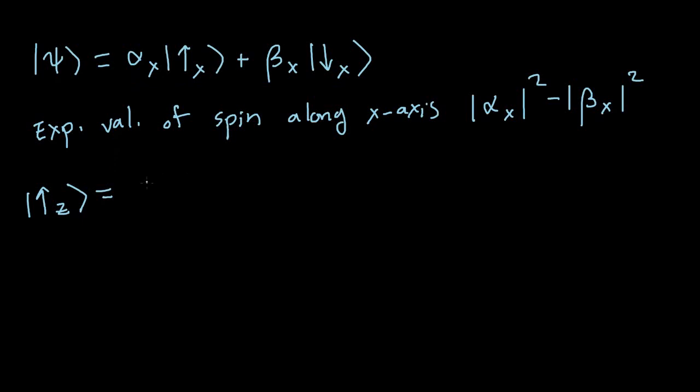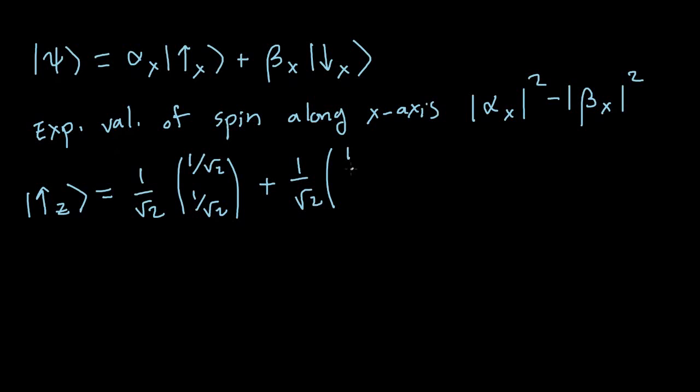So the spin up state along the z direction is equal to 1 over root 2 times the vector with components 1 over root 2 and 1 over root 2, plus 1 over root 2 times the vector with components 1 over root 2 and minus 1 over root 2, right?